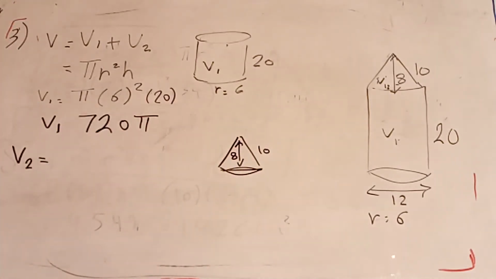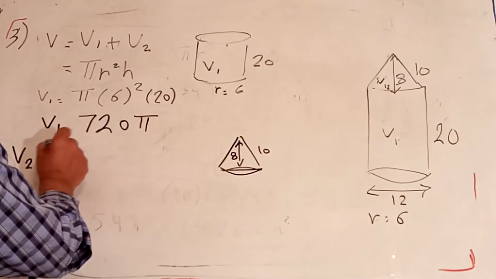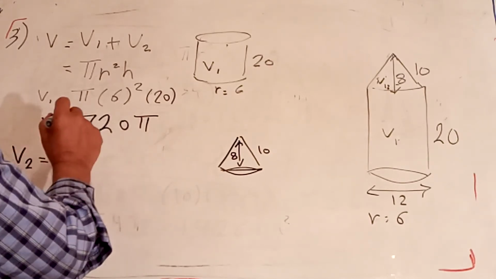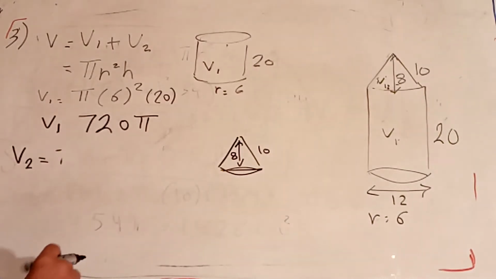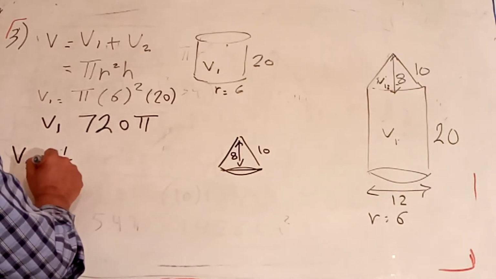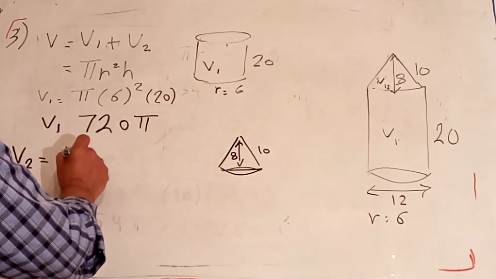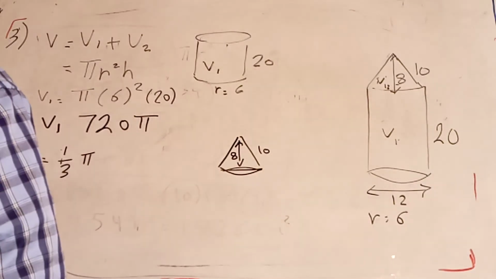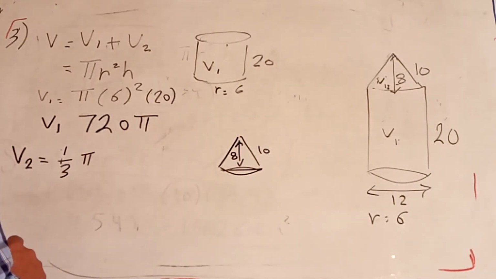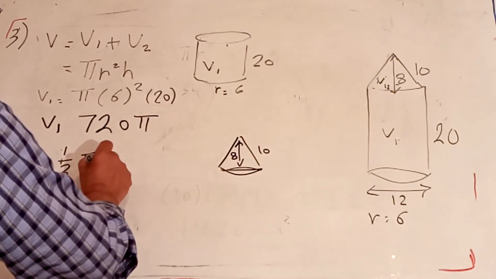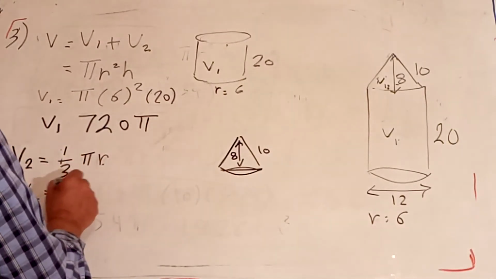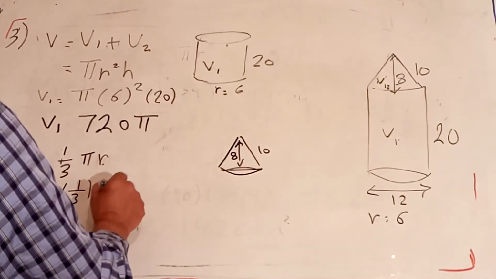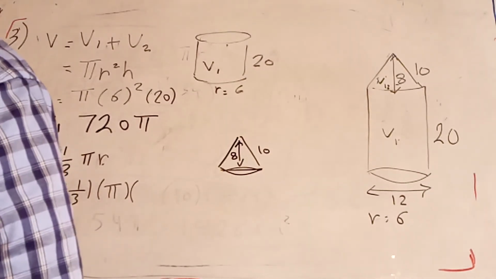So V2 equals one third multiplied by pi r squared multiplied by h.